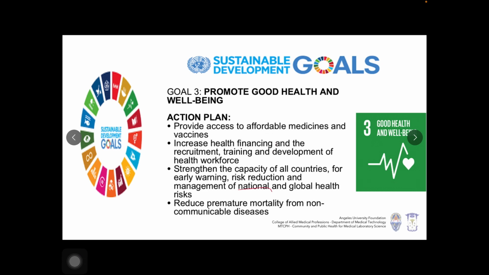Lastly, is to reduce mortality from non-communicable diseases through the prevention and treatment and promote mental health and well-being, and by strengthening the prevention and treatment of substance abuse, including narcotic drug abuse, and the harmful use of alcohol.